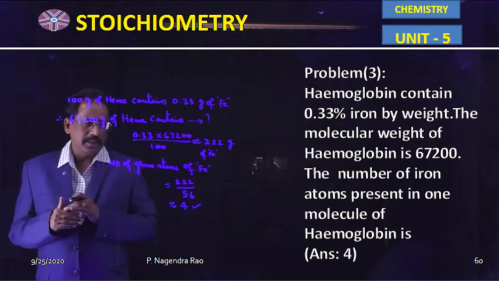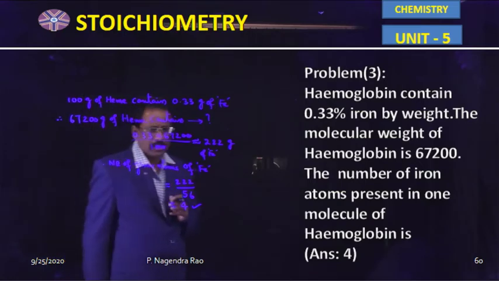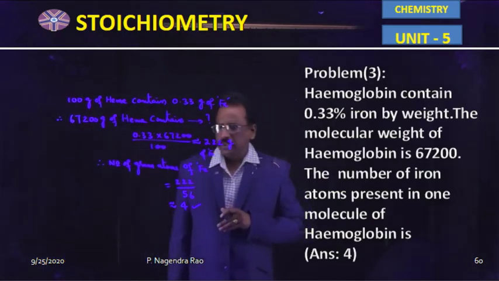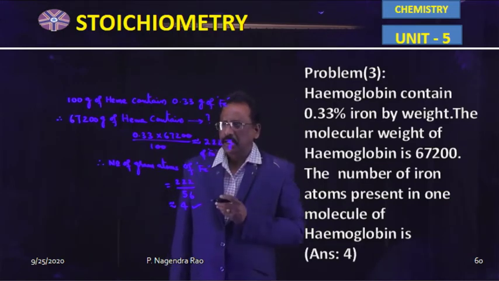So this is the way of calculation of number of gram atoms. The number of gram atoms of any element is equal to the weight of that element divided by atomic weight.